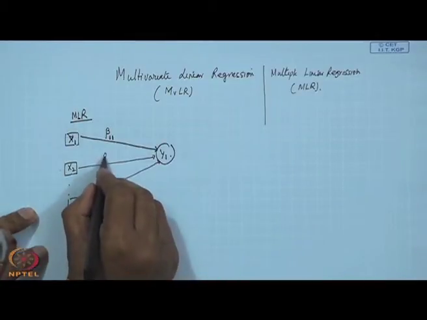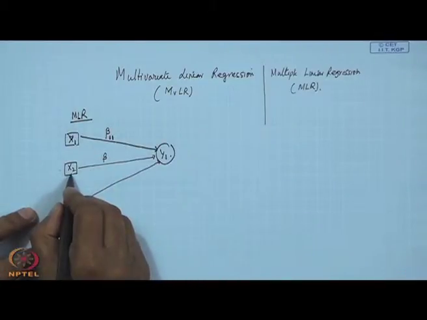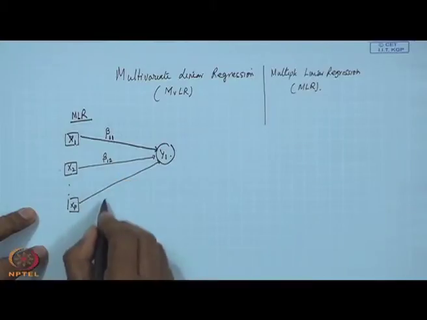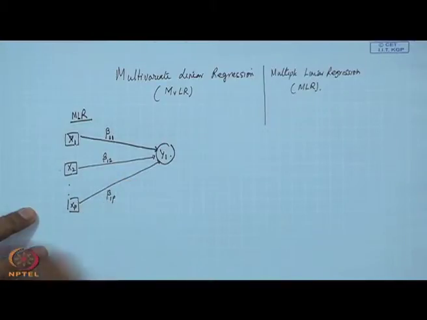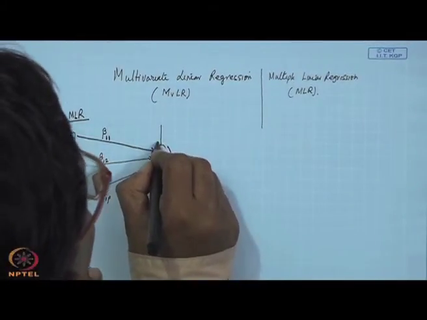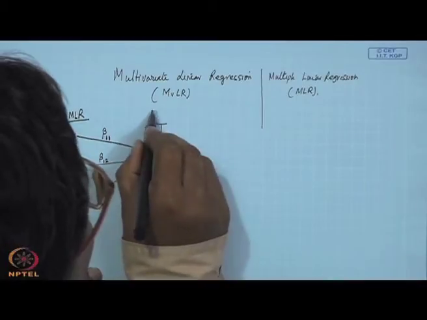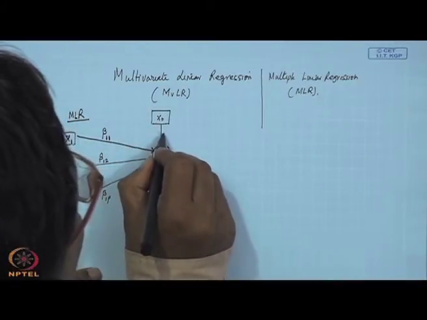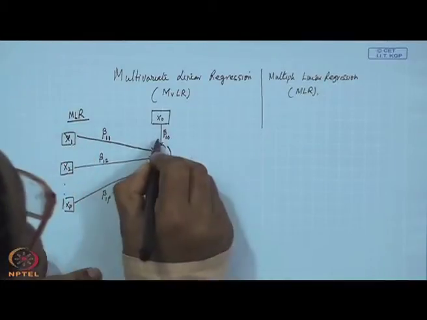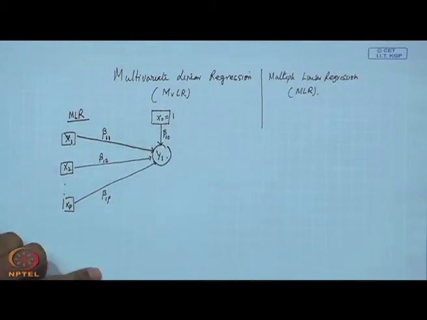Similarly, the second variable from the independent side is x2, which affects y1. So, y1 is affected by x2. Similarly, y1 is affected by the pth independent variable. And we have also seen that there is a constant term x0, so beta 10 is affected by x0, x0 always takes value 1.